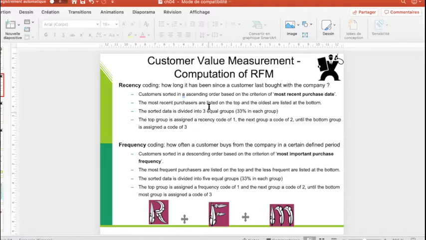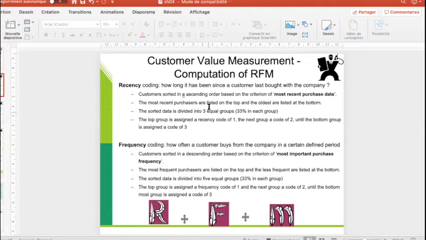And first of all, you will look at recency. As we have seen, recency means how long it has been since the customer last bought from the company. So for example, 1 week, 1 month, 6 months, etc. As you have this information in the database, you can sort the customers in ascending order according to most recent purchase date.